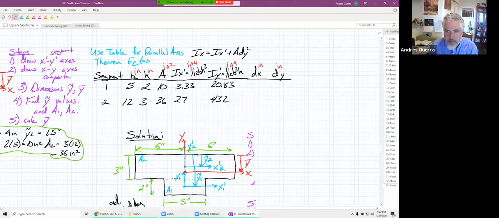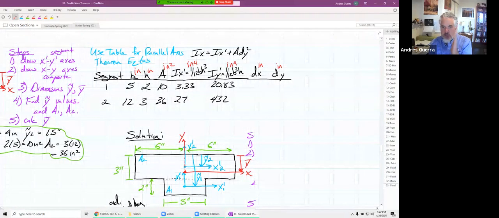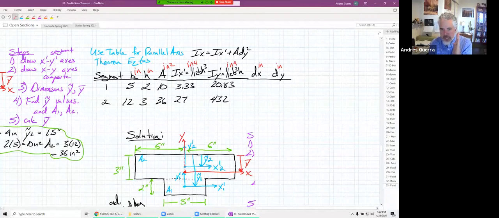So now we've got to figure out dx. Dx is the distance between, like for segment 1, the y axis and the y prime 1 axis. Well, that's 0 for this one. And it's also 0 for segment 2. That's because all the y-axes line up with each other. dy is the distance between the x prime 1 and the x-axis.